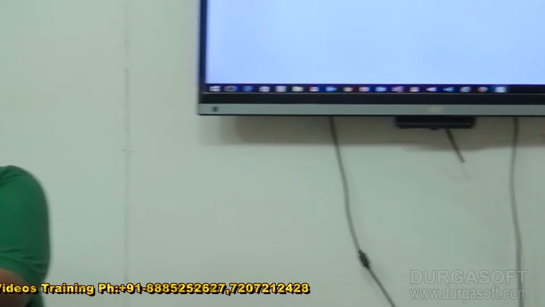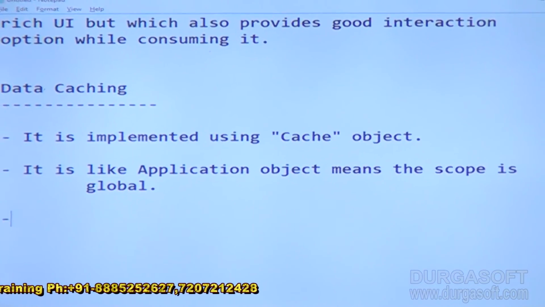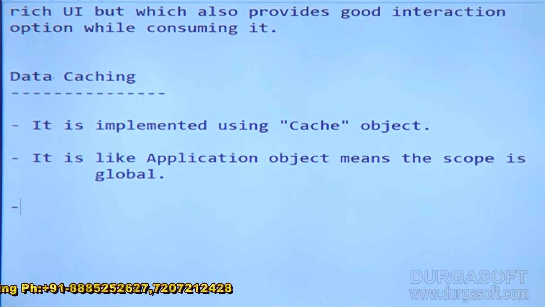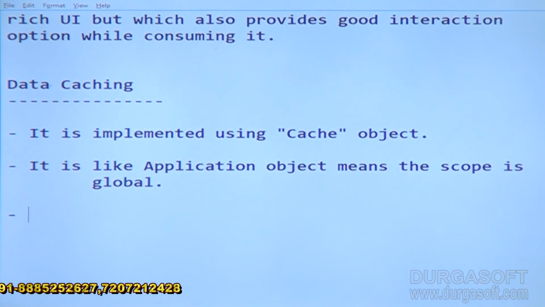Right. So back to the application object. The scope is what, please? Global, I said, right? When the scope is global, then which object to use? Okay.